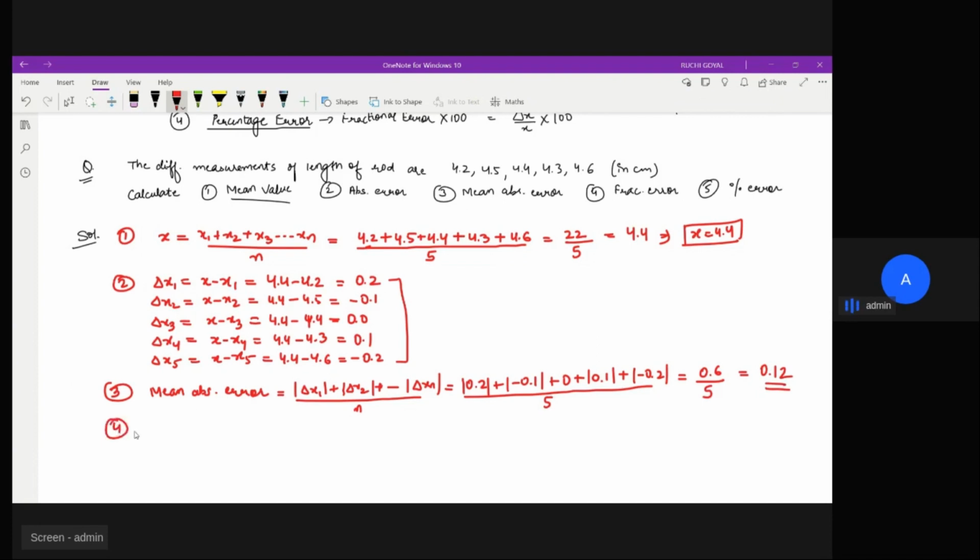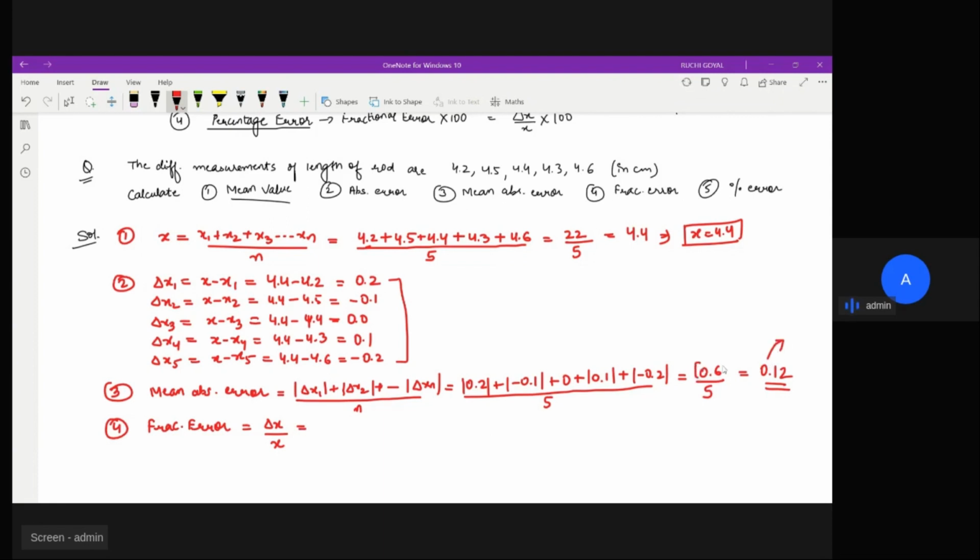In the fourth part, we have to calculate the fractional error. Fractional error is delta x divided by x. This is the formula. So what is delta x here? You can write it in significant figures, as we have studied.